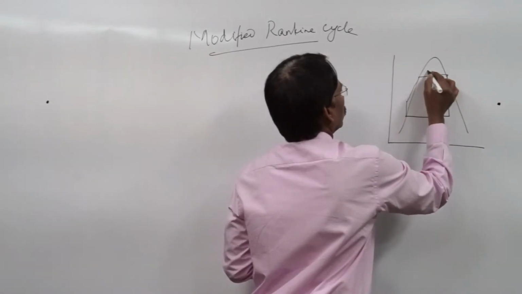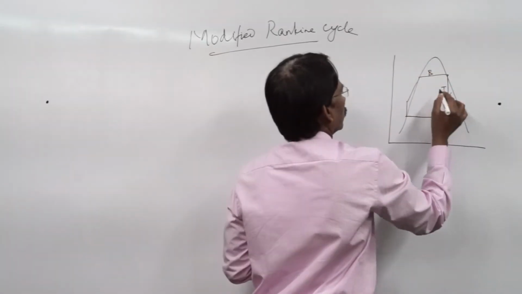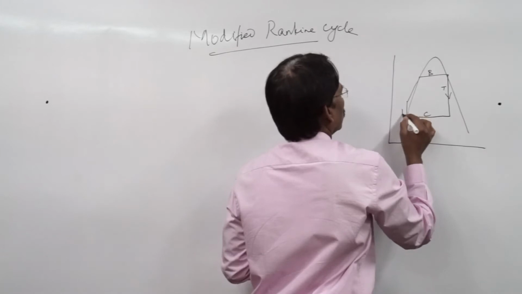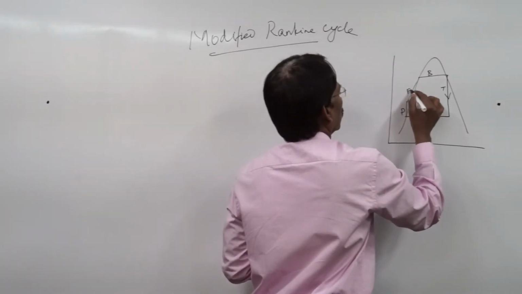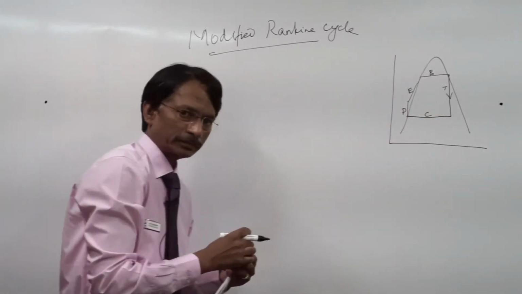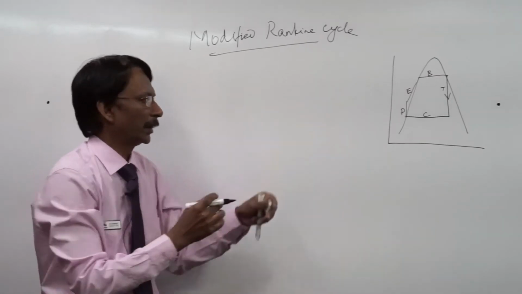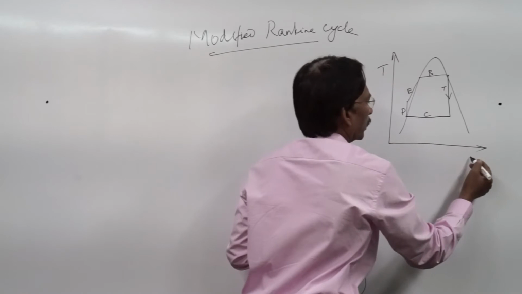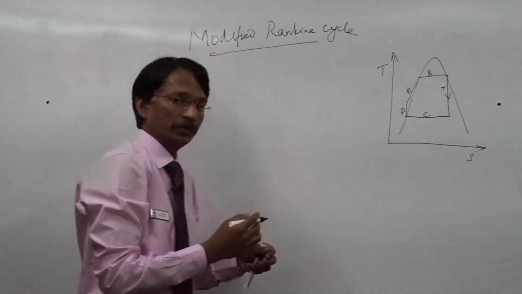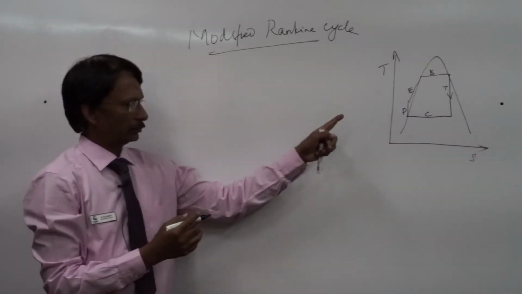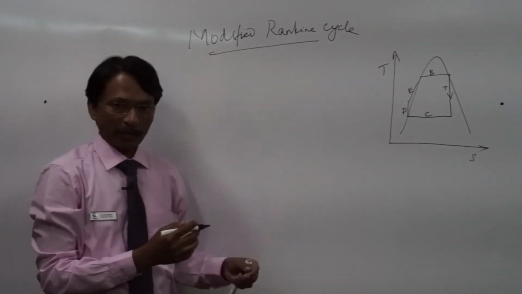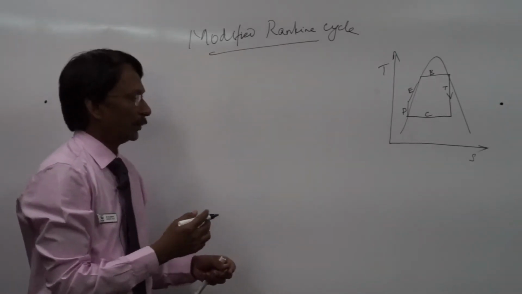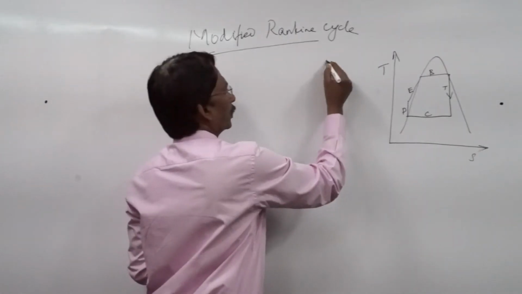This is the boiler, the turbine, the condenser, the pump, and an economizer. Before I explain the modified Rankine cycle, I want to tell you what an economizer is.